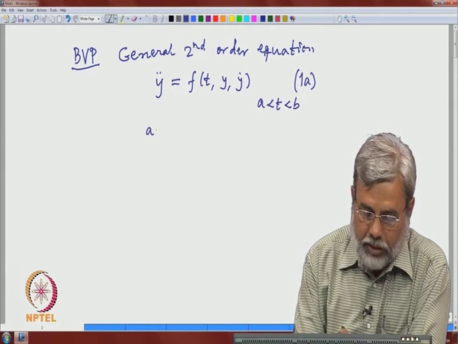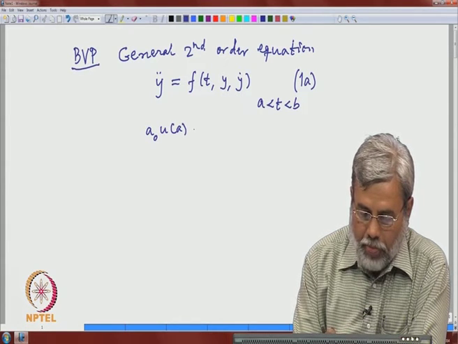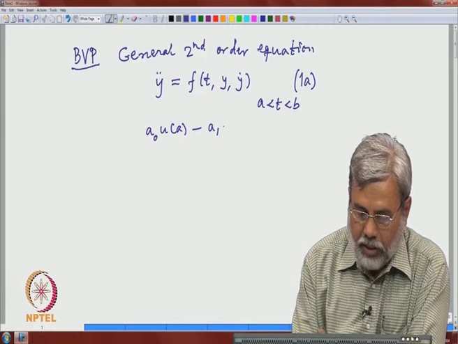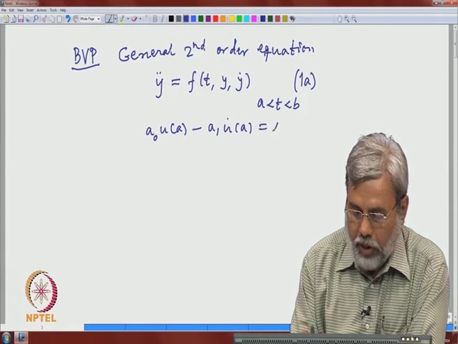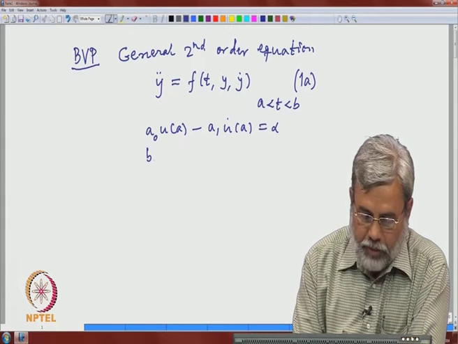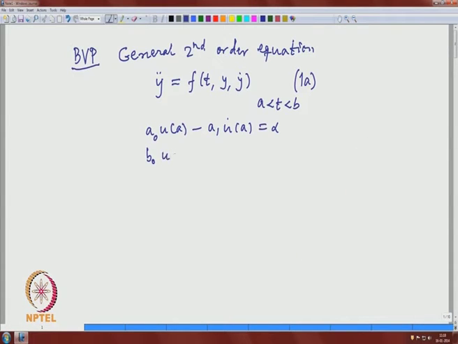a0 y(a) minus a1 y dot(a) is equal to alpha, and b0 y(b) plus b1 y dot(b) equal to beta. Alpha, beta are given real numbers, and this is 1a.